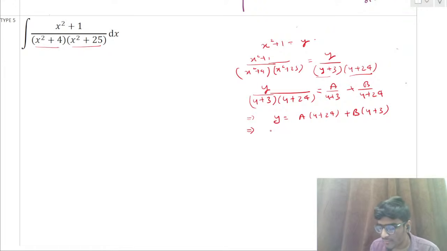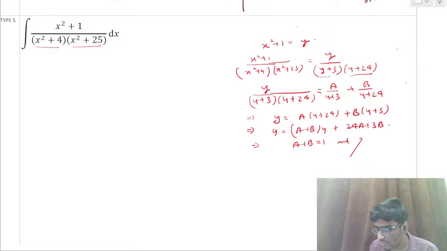When we compare the coefficients, we get a plus b equal to 1, and 24a plus 3b equal to 0.